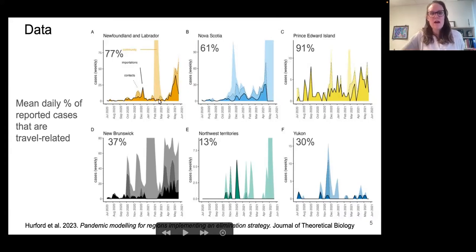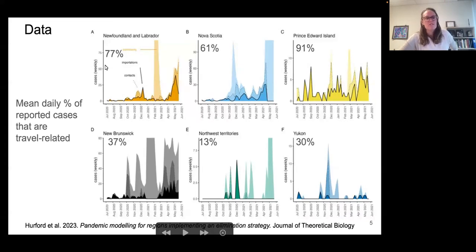So you see a community outbreak occurring in Newfoundland and Labrador in February 2021. And this distinguishing feature of Atlantic Canada and the territories is that elimination was occurring, especially if you consider just elimination in the community, so no community cases.